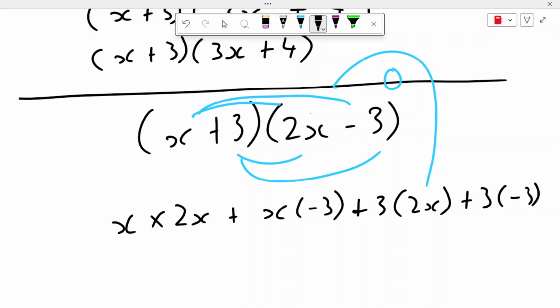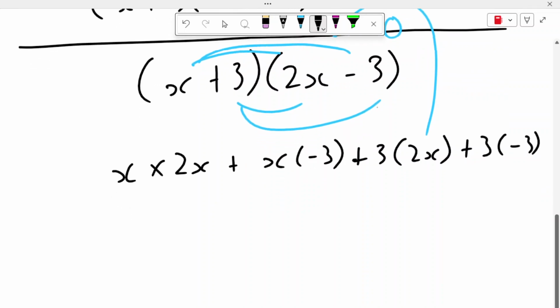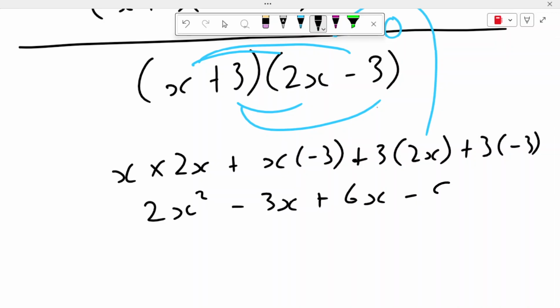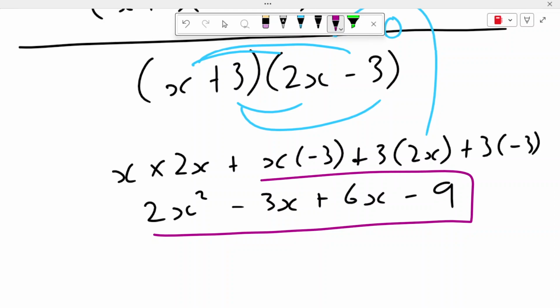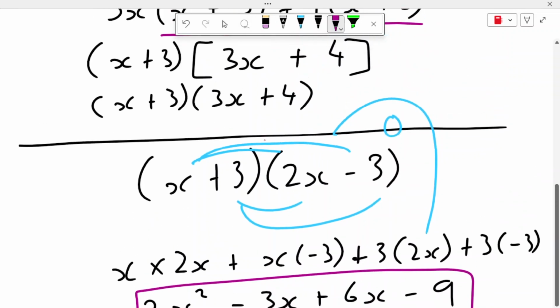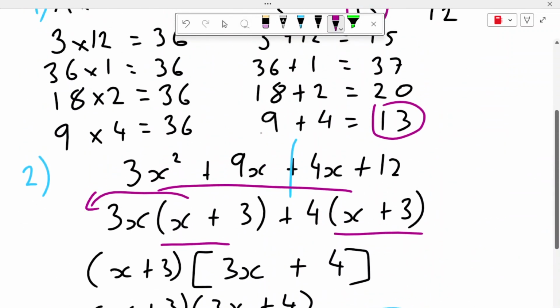When we simplify that all together, we get 2x squared minus 3x plus 6x minus 9. Hopefully you recognize that, hang on a minute, that's quite a similar form, this thing here in purple, to how we had it previously with step number 2.